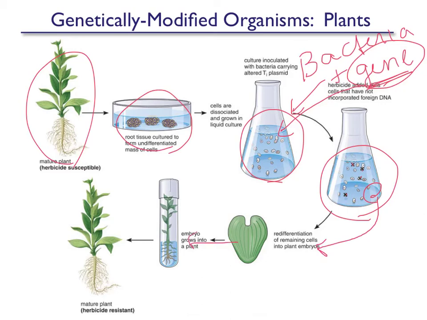The embryos would grow into a plant and eventually into a new plant that now is tolerant of the herbicide being sprayed on it. So it's resistant to the herbicide. So this is one of the ways in which you can generate transgenic plants. There's other mechanisms as well, but this is very commonly used for both soybeans and corn and other types of plants that are currently genetically modified.